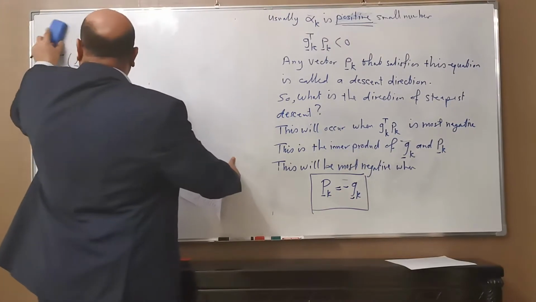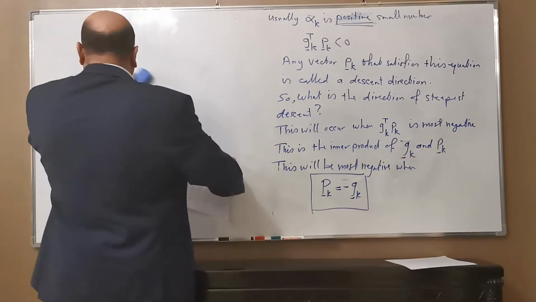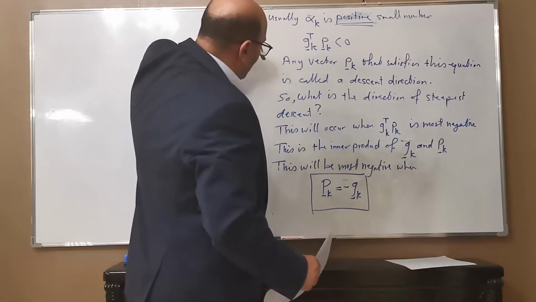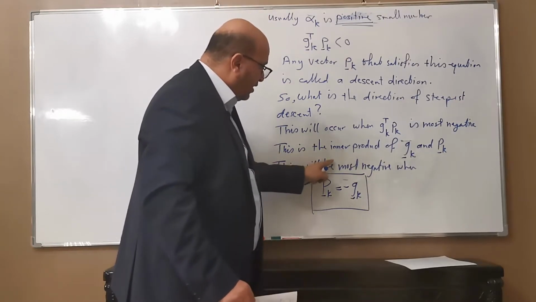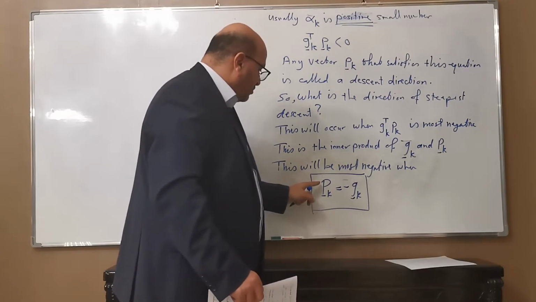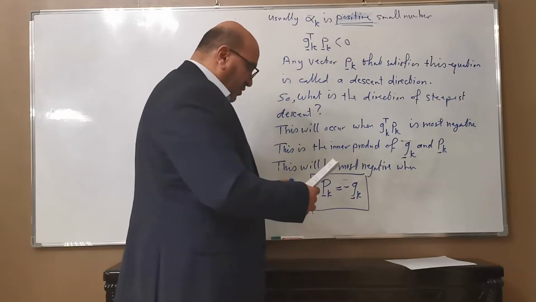Descent means that with every step you are going downhill. If you are going downhill with the maximum rate, then you have the steepest descent. This happens when your search vector is the negative of the gradient.